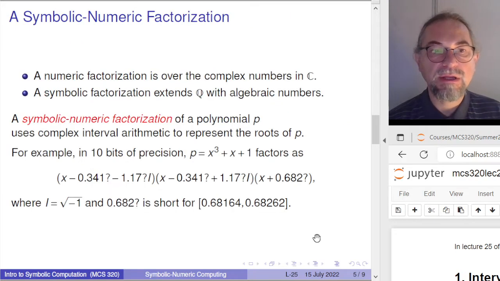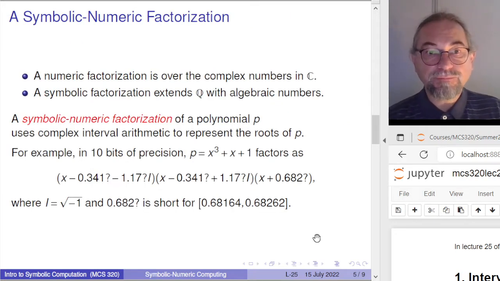Okay, factorization. So we look at a polynomial in one variable. A numerical or numeric factorization is always computing all the complex roots, so essentially applying the fundamental theorem of algebra, as we have as many complex roots as the degree of the polynomial.